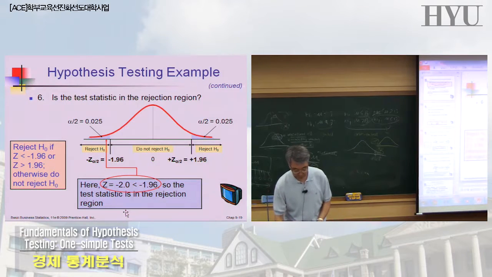So you look for the critical value. What's the z-score which has 0.025 on its outside? We find out it's 1.96. So we have 1.96 and negative 1.96 as critical values.